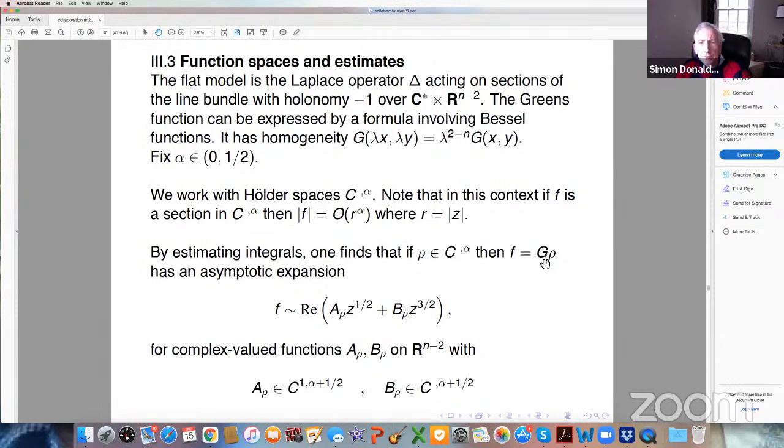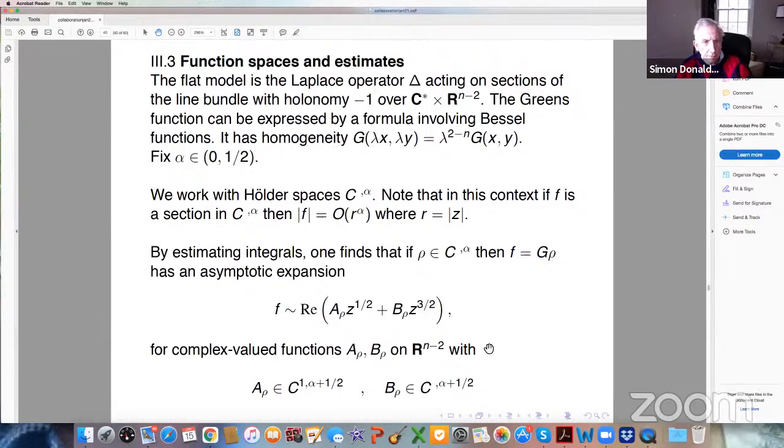So if we take a rho in C^alpha, then we can solve the equation delta F equals rho using its Green's operator, and you find that F has an asymptotic expansion of the kind we've discussed, involving just two terms. So A rho and B rho are functions on R^(n-2).